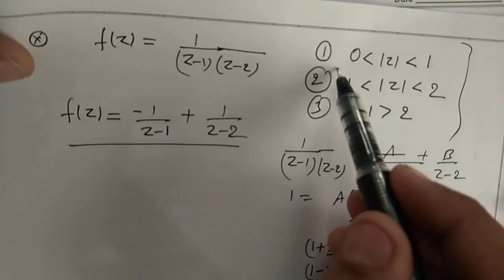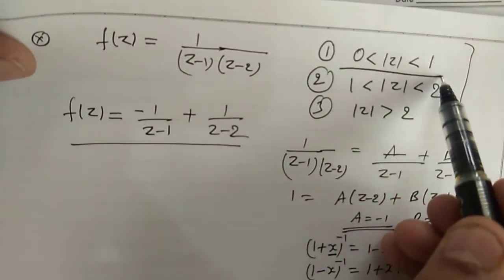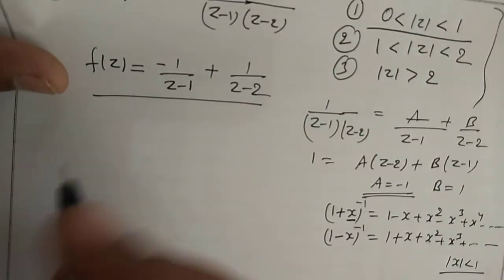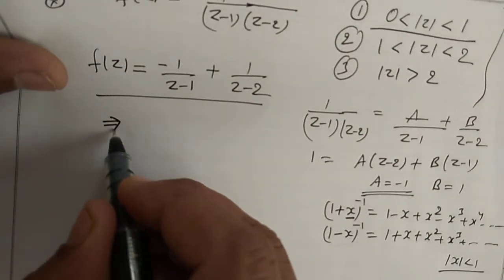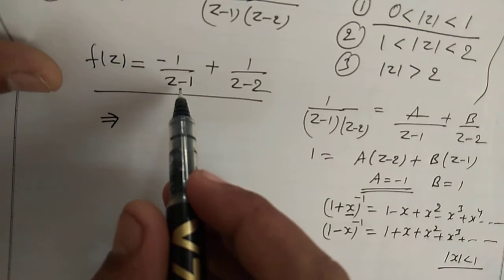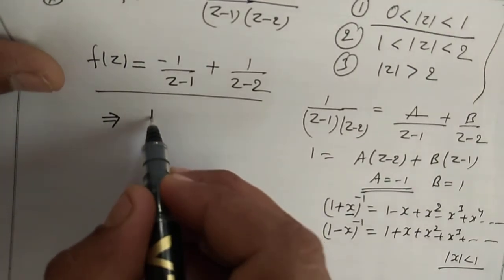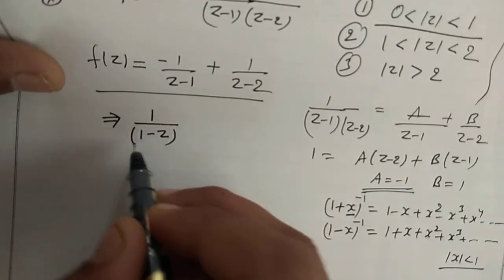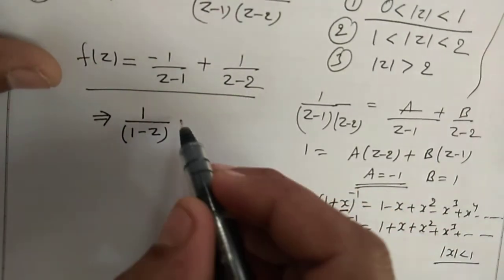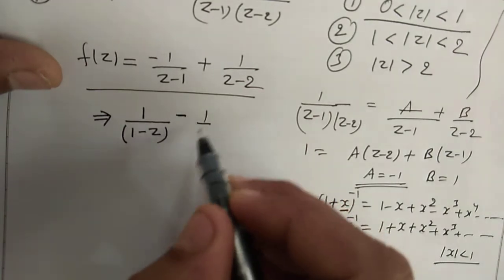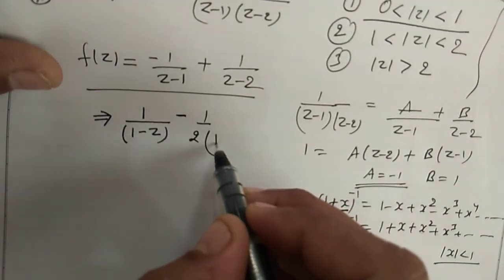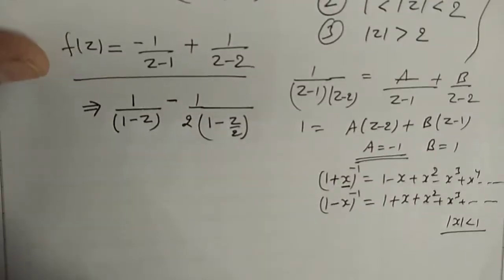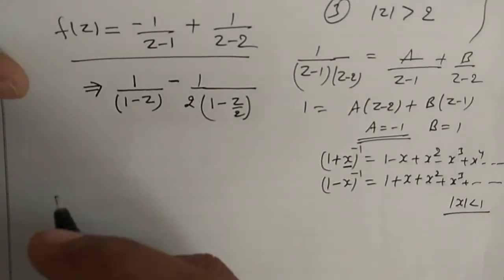So let us see the first region. The first region is already given, mod z less than 1, so nothing to worry. Simply, we take the constant common. If you take minus 1 common here, we get 1 upon (1 minus z), and here you take minus 2 common, so 1 upon 2 and (1 minus z by 2). If mod z is less than 1, then z by 2 is also less than 1, no problem.